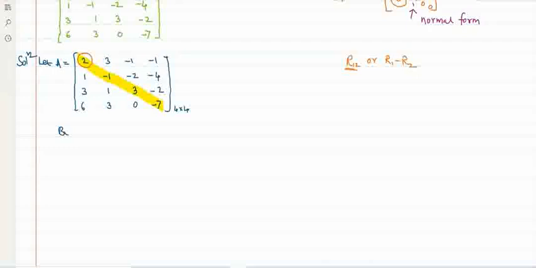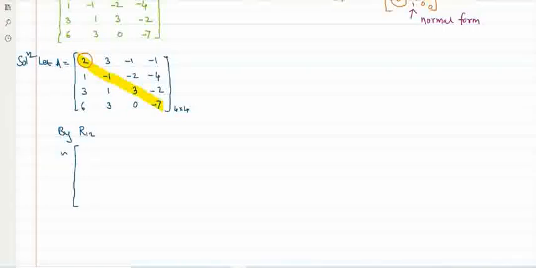Suppose by interchanging R1 and R2, now you will get a new equivalent matrix. When I apply a row transformation, I will write the matrix row wise. When I apply a column transformation, I will write the matrix column wise.